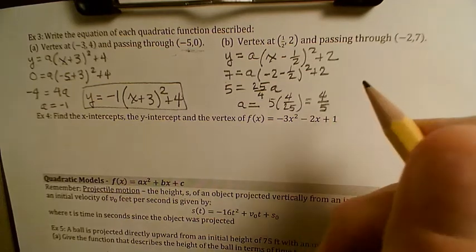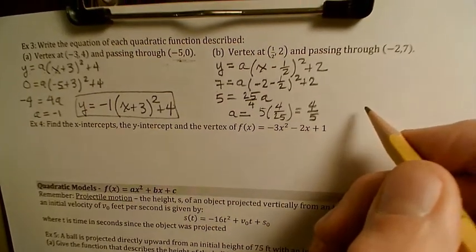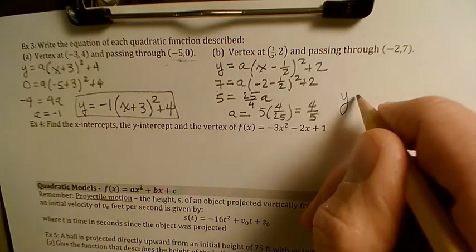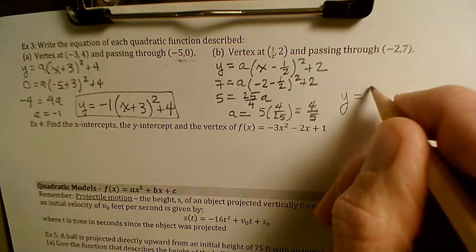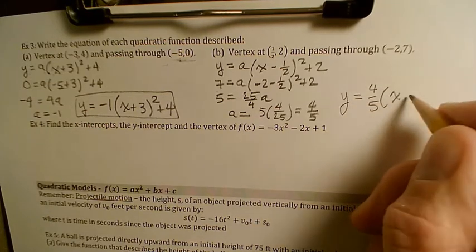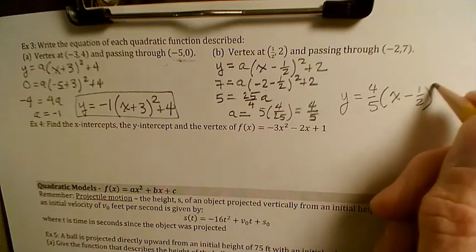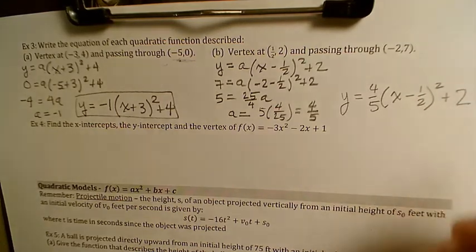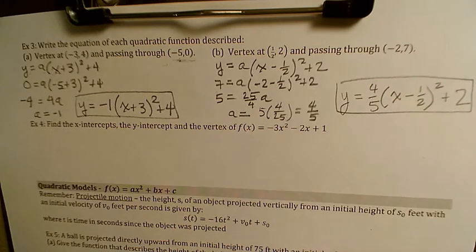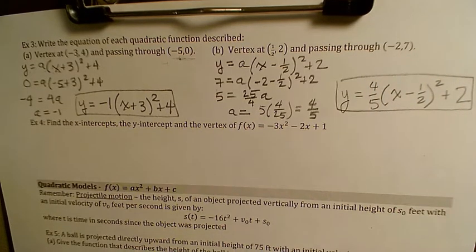All right. So now let's rewrite the equation that we started up here, but putting just the a in. So y is equal to 4/5 times (x minus 1/2) quantity squared plus 2. Okay, so similar approach every time you do one of those.